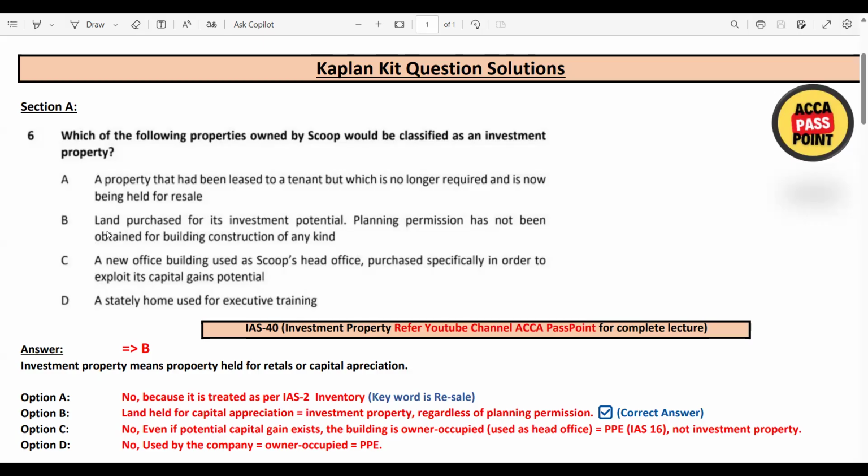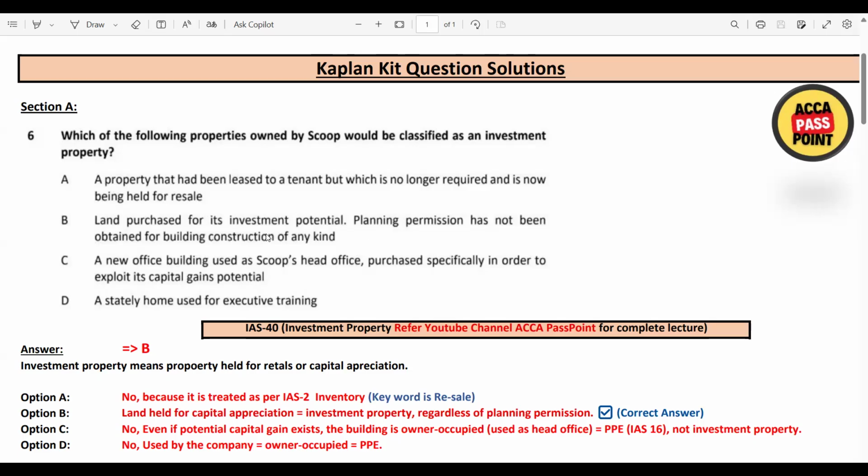Now, option B, land purchased for its investment potential. Okay, this is a kind of investment property. Let's read further. Planning permission has not been obtained for building construction of any kind. The first point shows that this is for the investment potential. The second point shows that the construction permission has not been obtained.